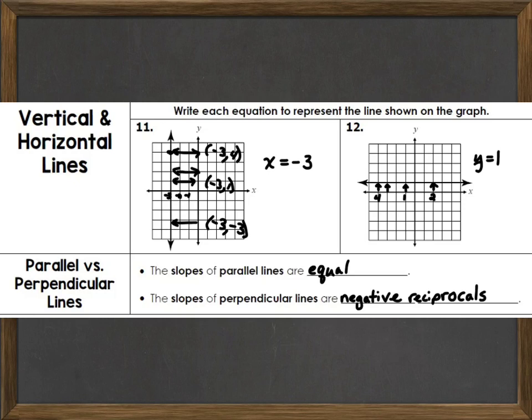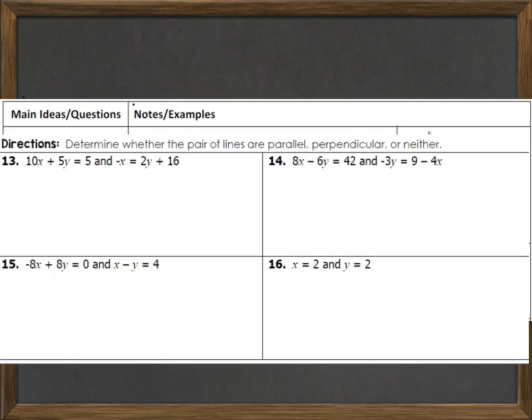And then our next part of our notes says determine whether the lines are parallel, perpendicular, or neither. So what you have to do is find the slope of the two lines. Now, you can get them in y equals mx plus b form. That's the easiest thing to do. So let's go here. In number 13, we're going to leave the 5y, and we're going to subtract the 10x over to the right.